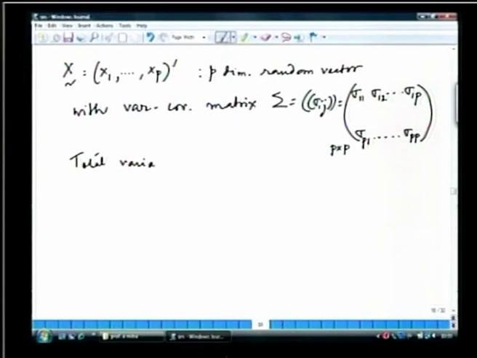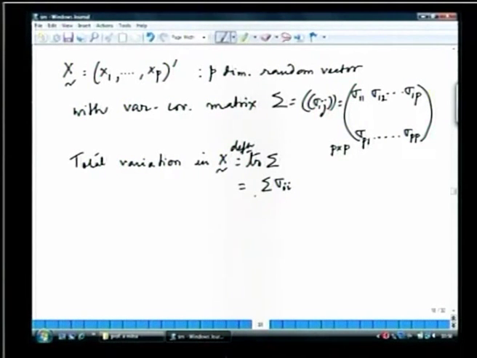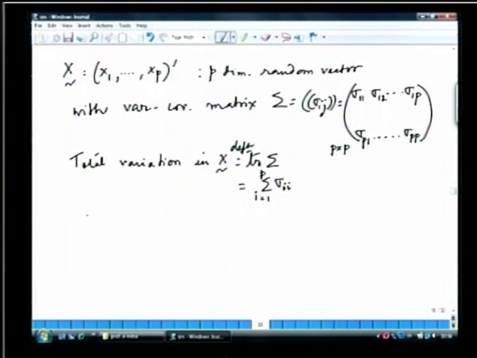The total variation in x is nothing but the trace of the variance-covariance matrix. It's as simple as that. This is by definition. So the total variation in x is the trace of sigma, which means that I consider the sum of the diagonal elements, the sum of the variances, that is summation sigma ii from 1 to p. And then what does PCA attempt to do?